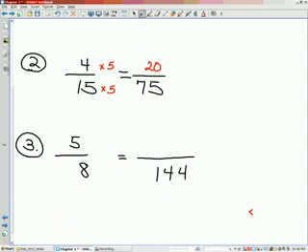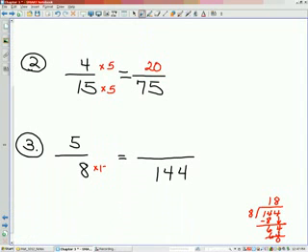And 8 goes into 144. That's not one I know off the top of my head, so let's divide it out. Let's see, 8 goes into 14 once. I subtract my 8, bring down my 6, bring down my 4. 8 goes into 64 8 times. And of course that goes evenly.